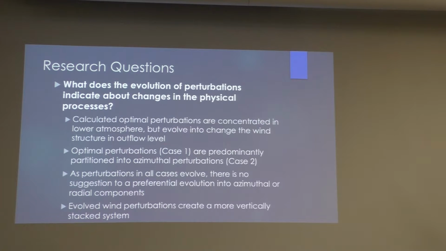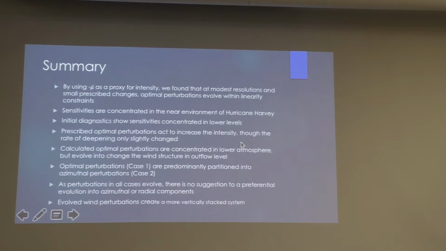Additionally, as all the perturbations evolve, there's no suggestion for a preference to evolve into the azimuthal or the radial component, which is something I didn't show as much, but going through the size of the perturbations seems to be that way. Additionally, the evolved winds create a more vertically stacked system. Those are kind of the summaries again.